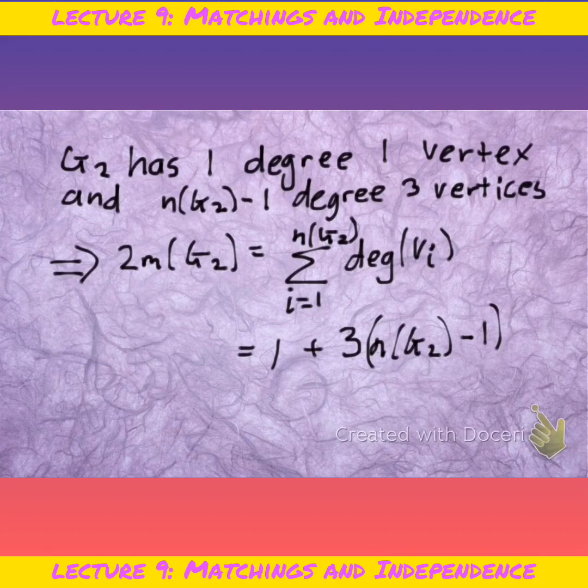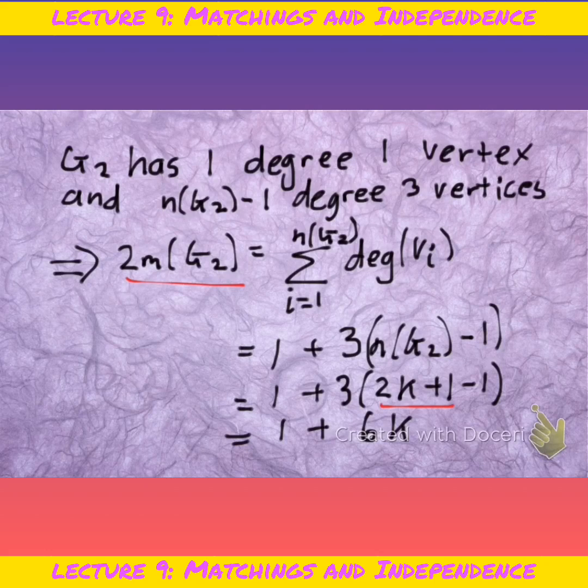Okay, and because the order is odd, we can replace it with 2 times an integer k plus 1. It's going to add up to 6k plus 1, which is an odd number. And an odd number cannot be equal to an even number, so that's also impossible.